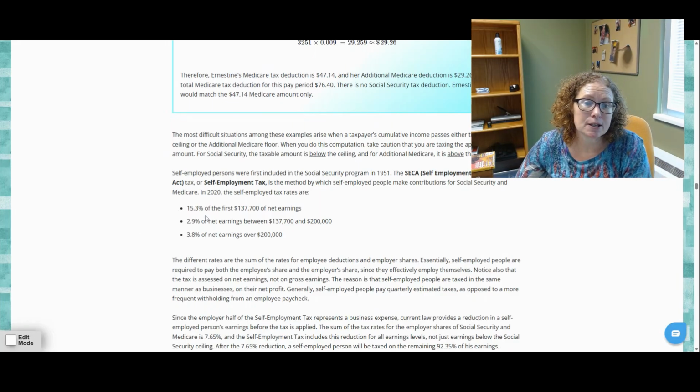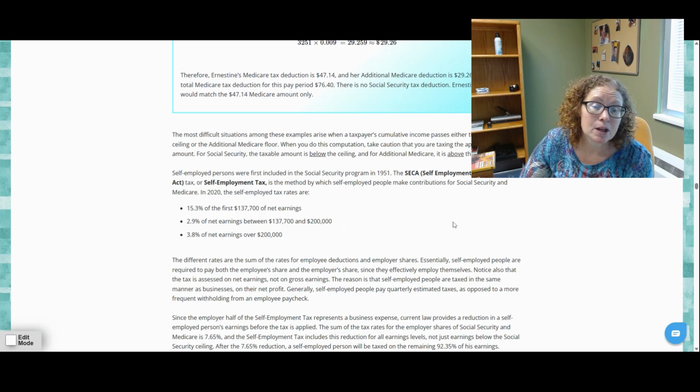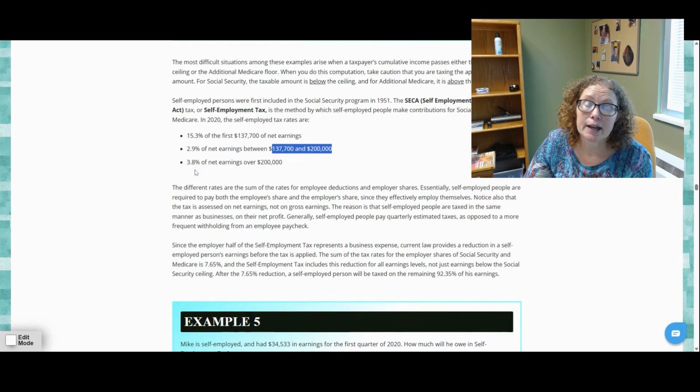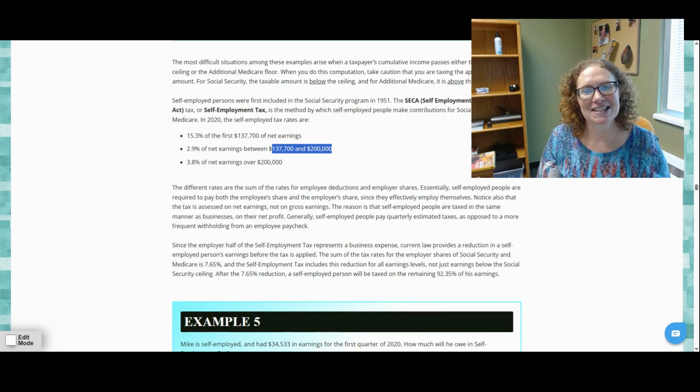And again, you see that there is the first $137,700. They also talk about an amount between that and the $200,000, and then the 3.8. So basically, when you're self-employed, you're paying the employee and the employer share. So that's why it's higher.